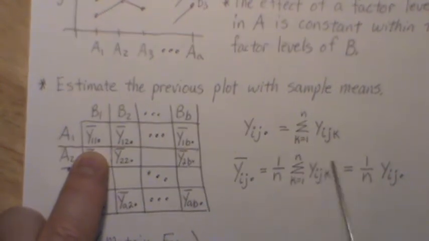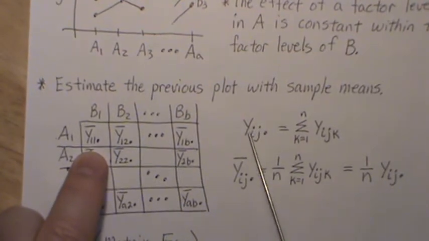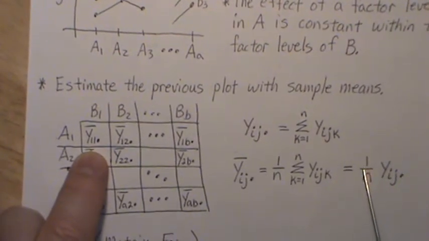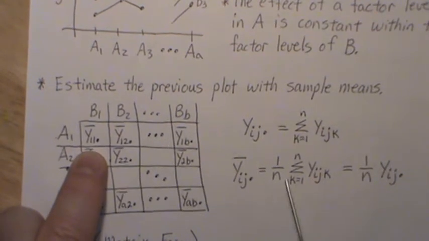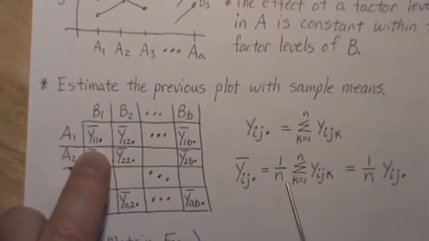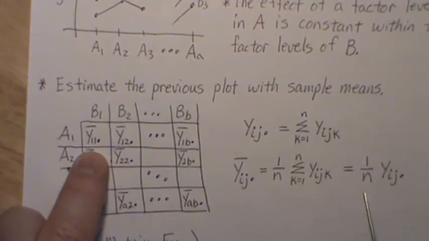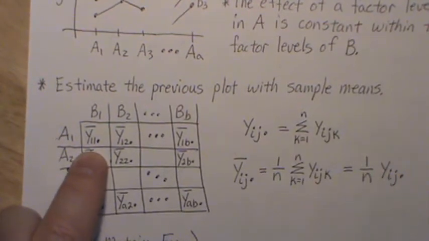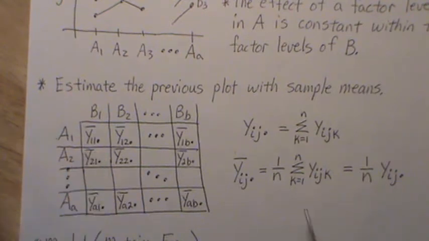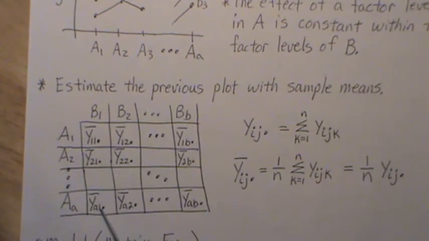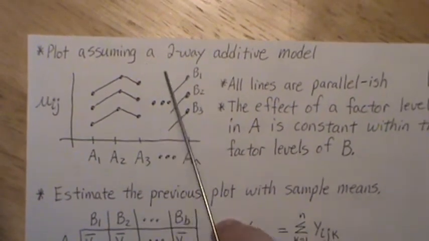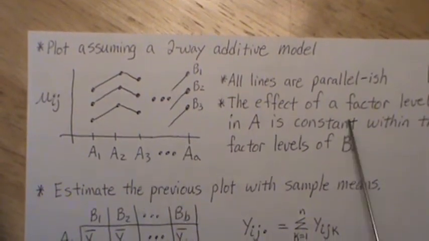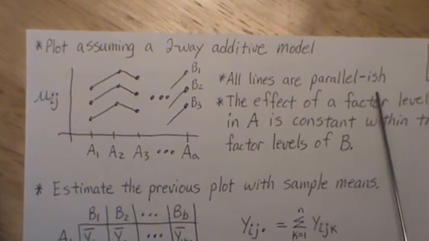Technically, since this is the sum, I could divide by n, and all 3 of these are the same. Sometimes it's easier for me to think about it like this, and sometimes like this, so that's why I'm doing both. But once you come up with these sample means, we can plot the sample means and see if all the lines are parallel-ish.